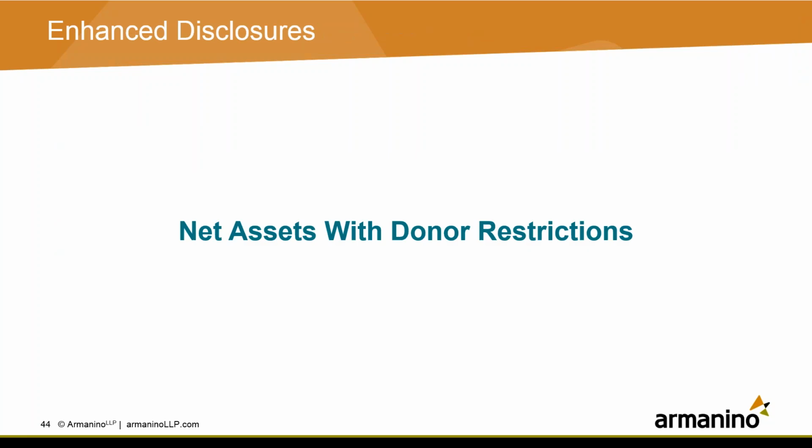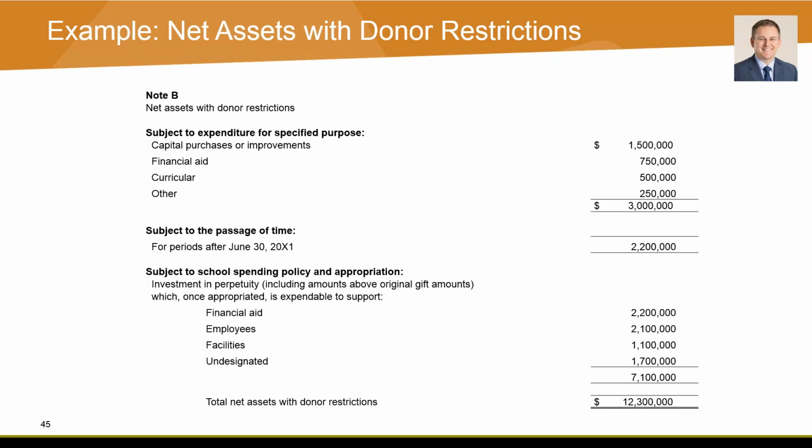So let's move on to the next slide and talk about net assets with donor restrictions. And as you'll see, we've only got a few slides here. I don't think there's anything here that's really significant in terms of a change in this area. You see that we will still have to disclose the nature and purpose of any purpose or time restricted net assets, which is what we're showing here.